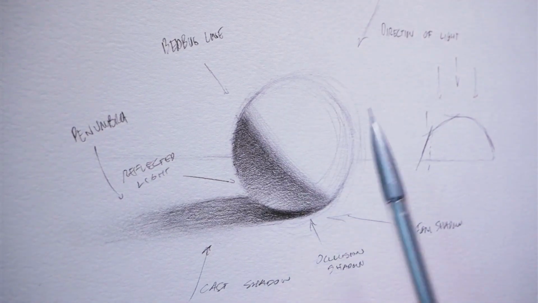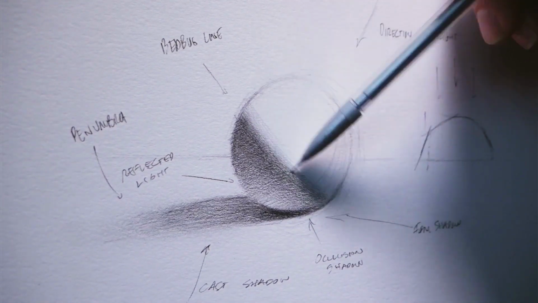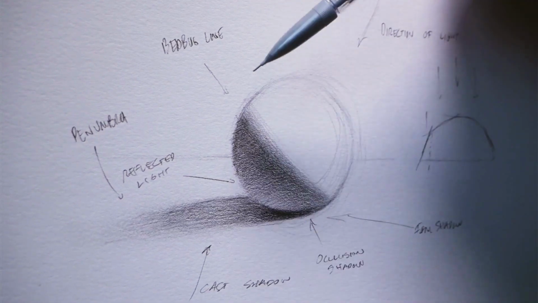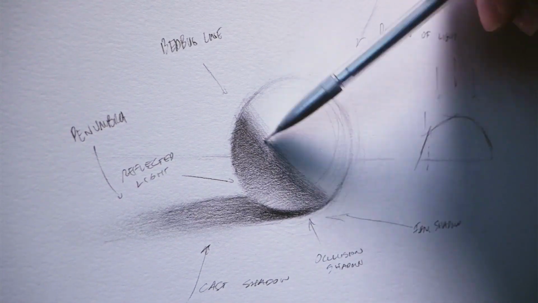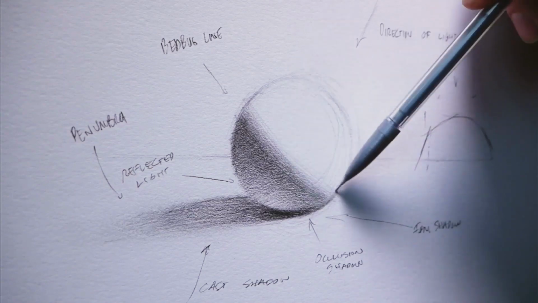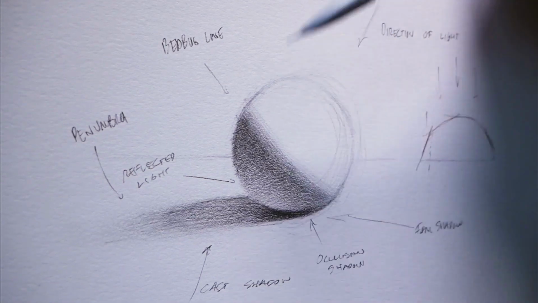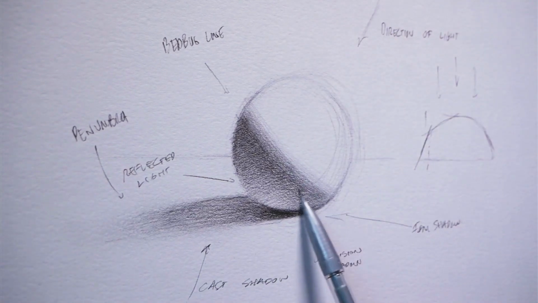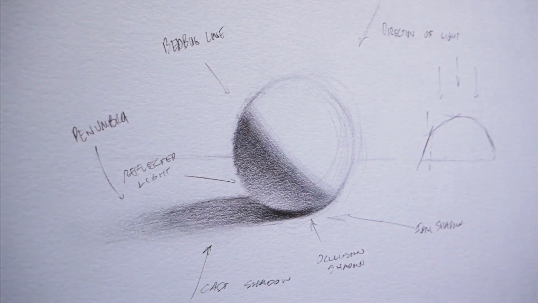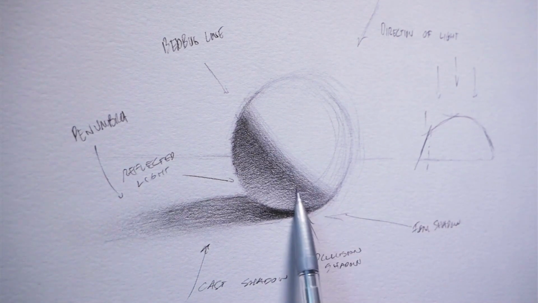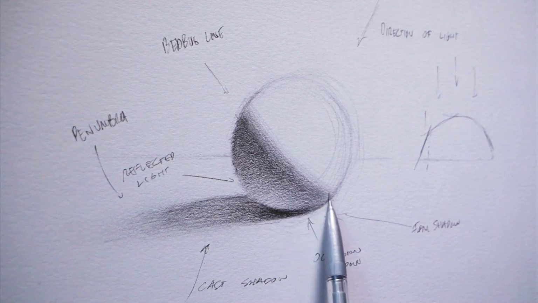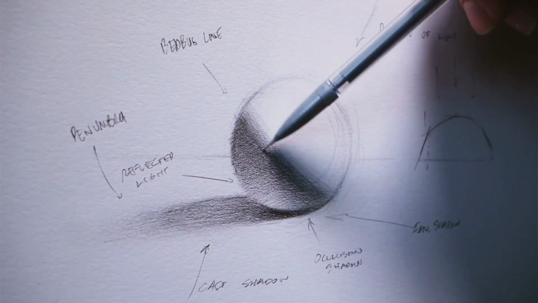That transition. And you can see already, just working on that, just down that edge, I'm not adding any tone anywhere else. Suddenly we've got a pretty good sense of that sphere turning, which is good.